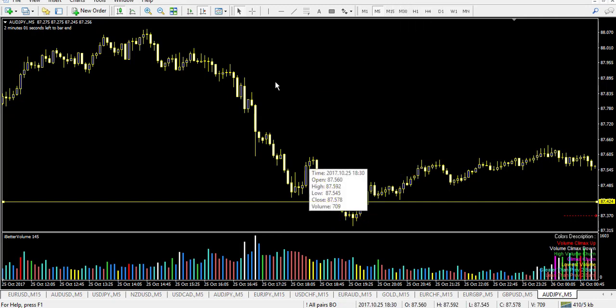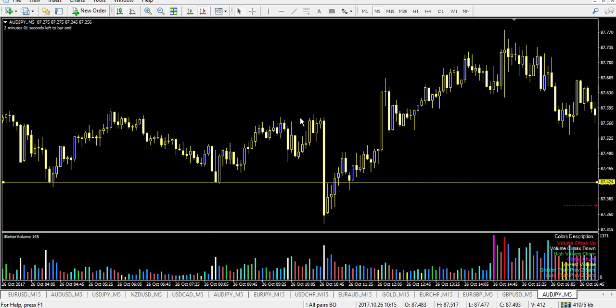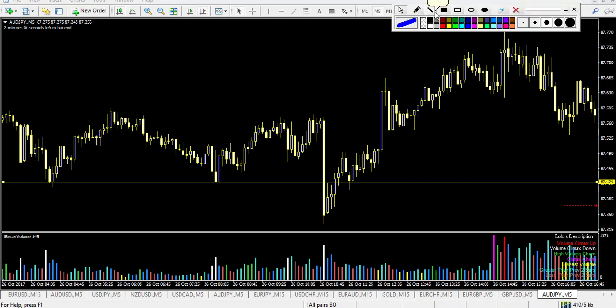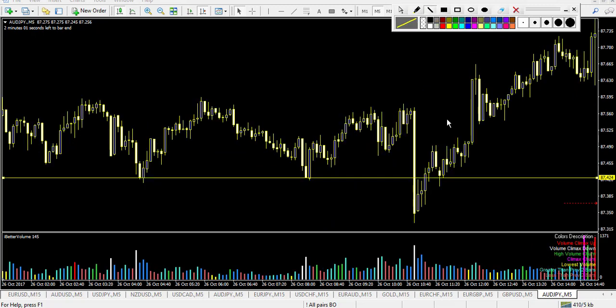Another thing that is important, yes, this is a good example right here. I believe it's during the news, but still it's a good example. We have the last little support created right here, and this support, if we extend it, becomes a new resistance, and it is closer to the price action.